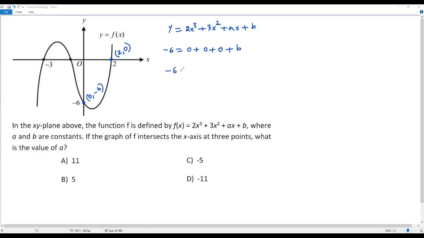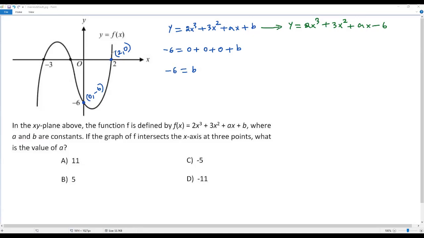Here we have -6 on the left side, on the right side we have b. Okay, now I got the value of b. The value of b is -6. Let me plug in this -6 for b over here. So the equation becomes y equals 2 times x to the third power plus 3x squared plus ax minus 6.